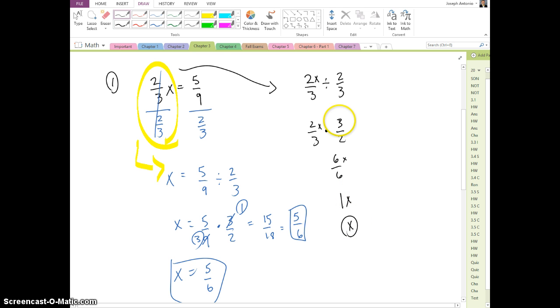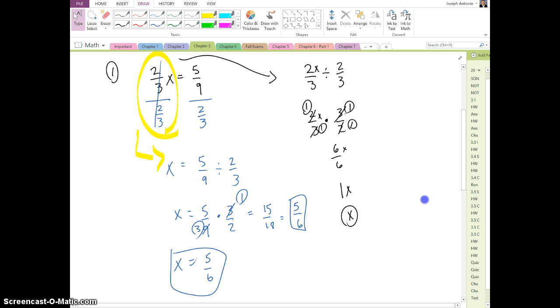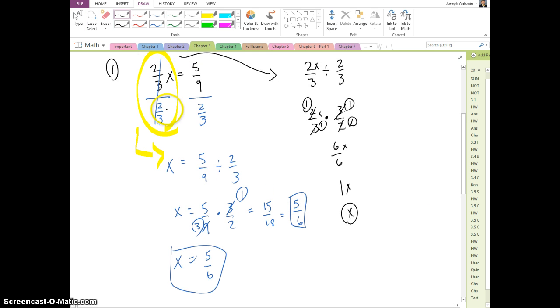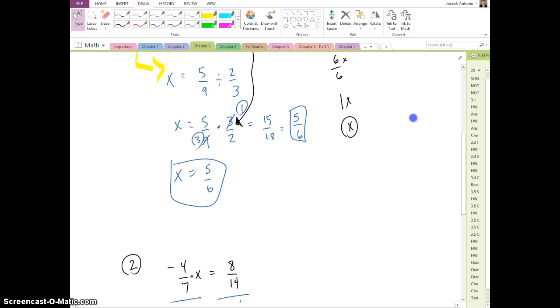Or you could say, when you're doing this, oh, the 3's cancel out to give you 1 and 1. The 2's cancel out to give you 1 and 1. So what you'll notice is, on both these problems, you're going to divide by 2/3, which means you ultimately multiply by 3/2. Because when you divide fractions, you multiply by the reciprocal.